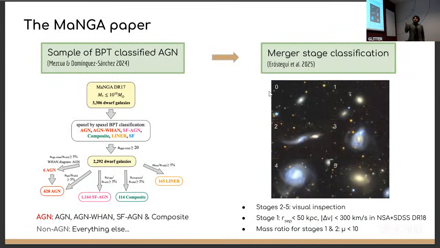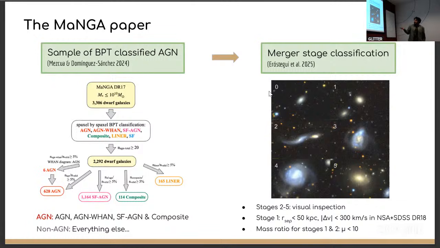The one we already put out earlier this year, I'll refer to as the MaNGA paper. Basically, we took the AGN sample from an existing paper by Mezcua and Dominguez Sanchez, 2024, who used BPT diagnostics to determine if something is an AGN or not.